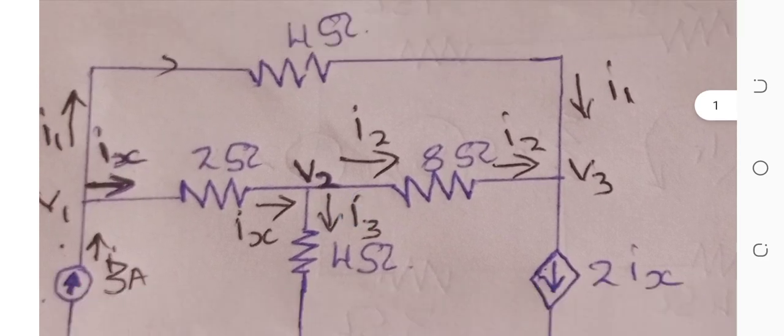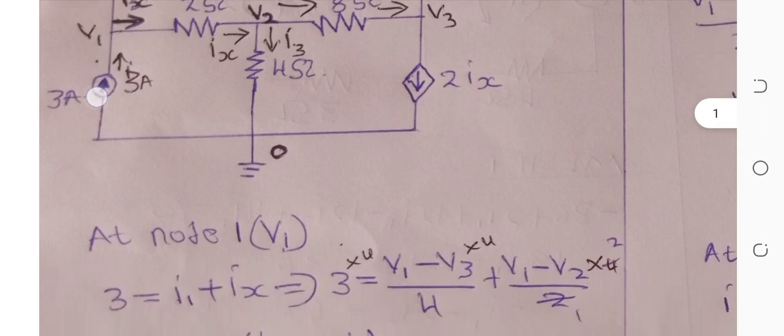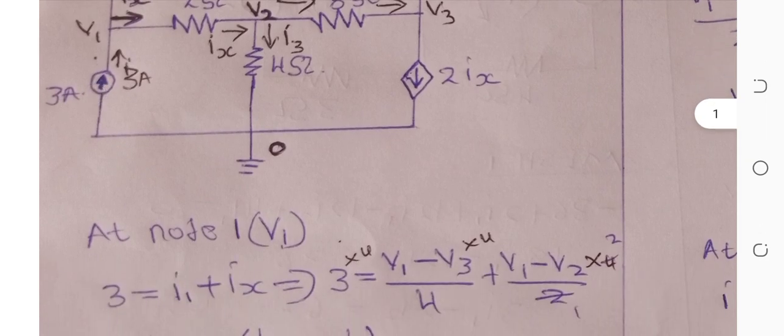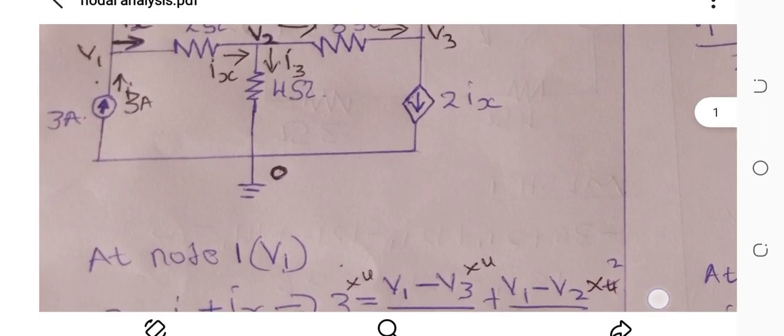So you can see Ix is equal to V1 minus V2 all over 2. That is Ix. So where there is Ix, we replace it with V1 minus V2 all over 2.